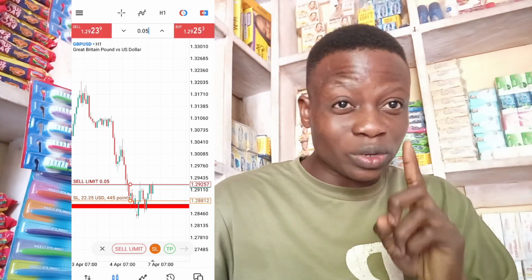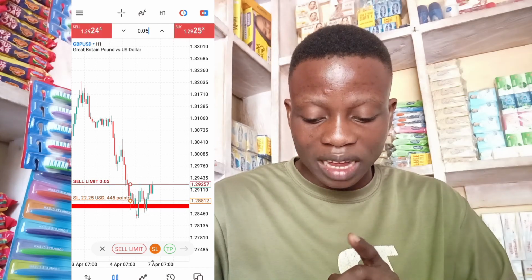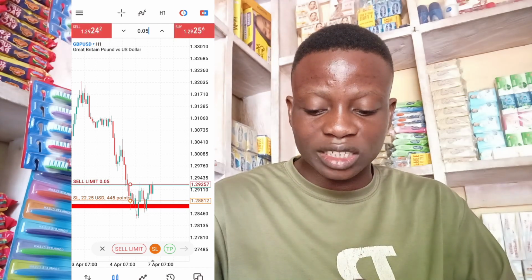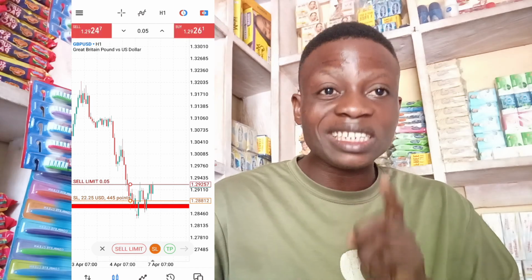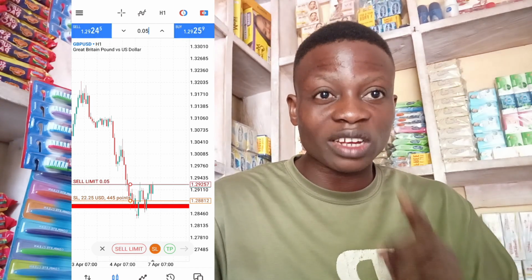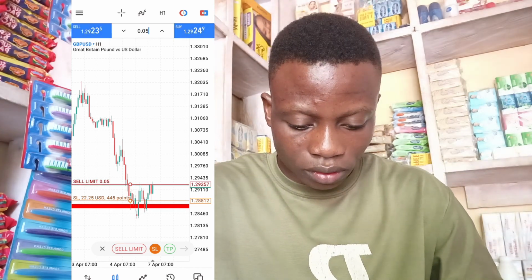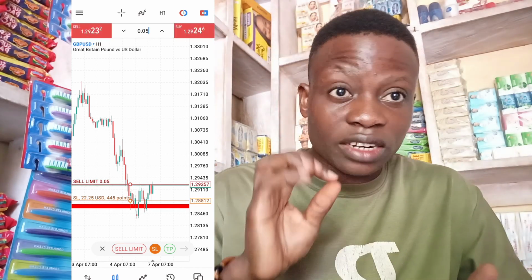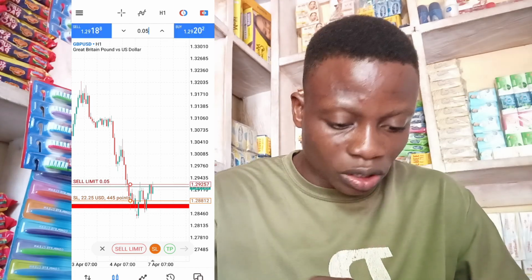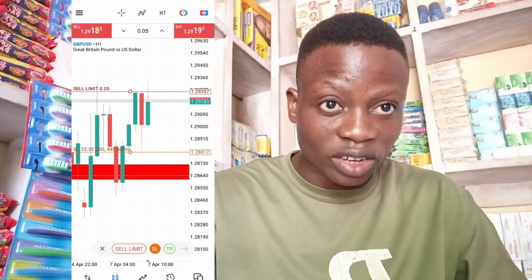With 0.05, what I'll be risking will be $22.25. That's what I will be risking if I'm to enter the trade from that particular level.